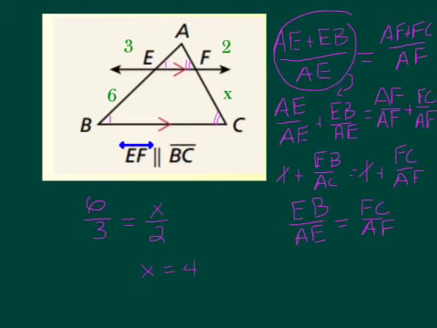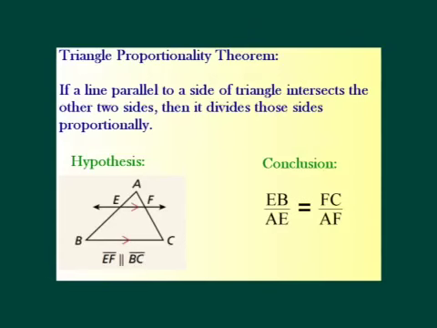Okay, great. So this idea of simplifying the proportion down to these two ratios is the triangle proportionality theorem. So whenever we're given a triangle where a parallel line intersects two sides of the triangle, the line is parallel to one side, we can conclude that the parallel line divides those two sides proportionately, and that's what we're given right here.